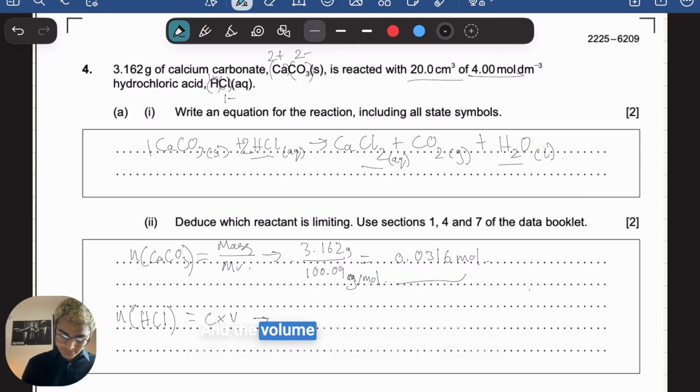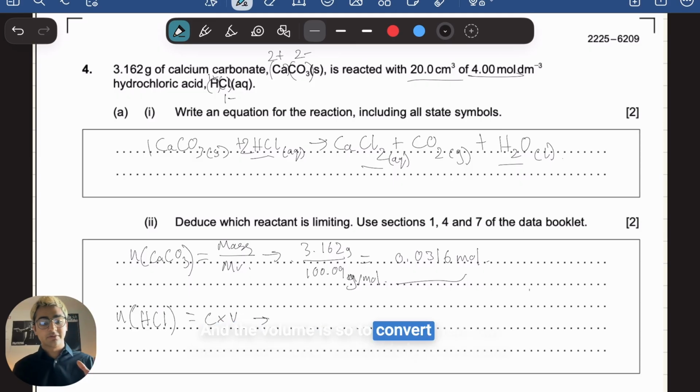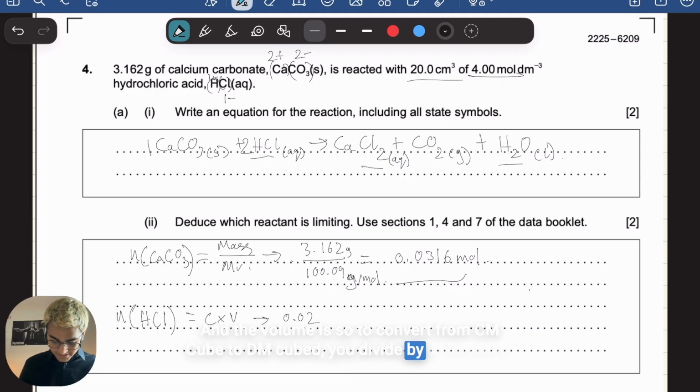To convert from cm cubed to dm cubed, you divide by 1,000. So it's 0.02 dm cubed, multiplied by 4 mole per dm cubed.